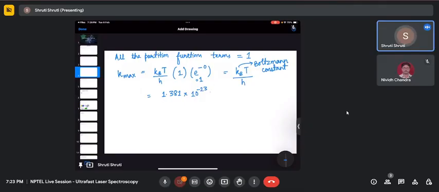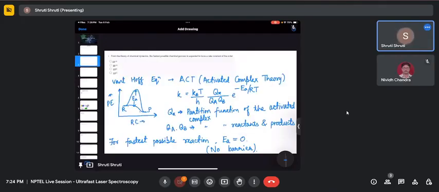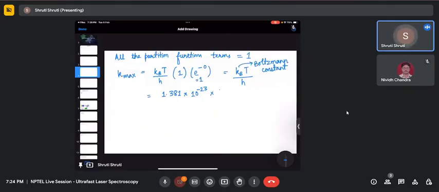Then absorbance is log I naught by I. If I simply plug in the values, I is 0.9 I naught, and if you do the calculation here, it will come as 0.045.